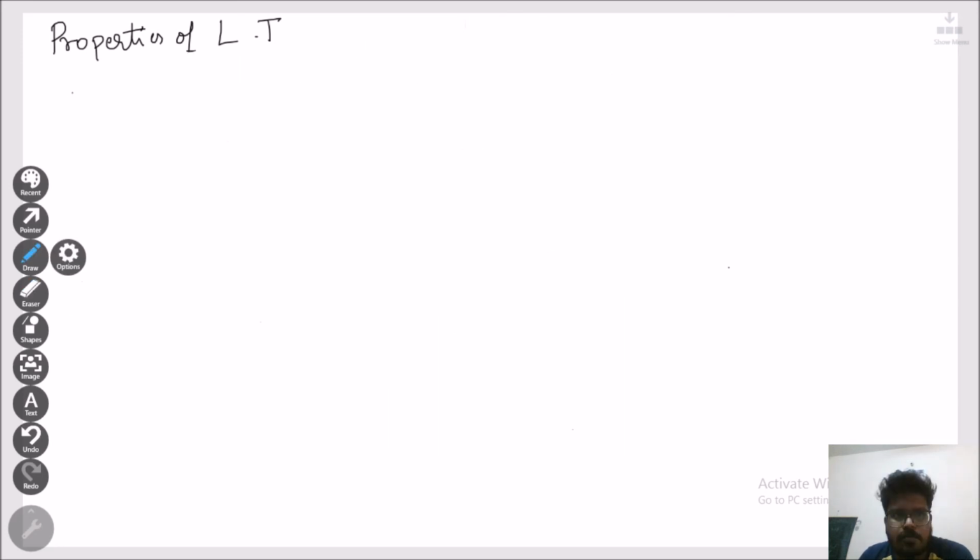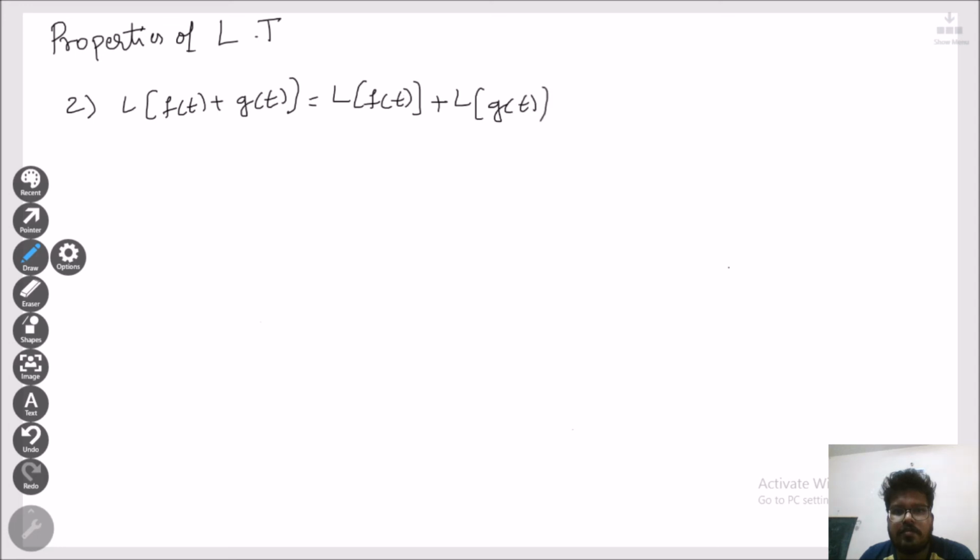Now the second property is Laplace transform of f of t plus g of t is equal to Laplace transformation of f of t plus Laplace transformation of g of t.